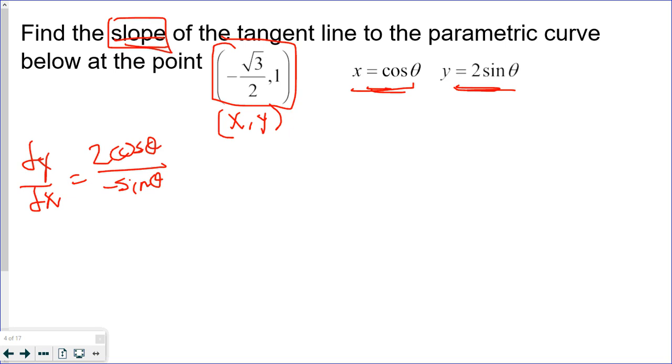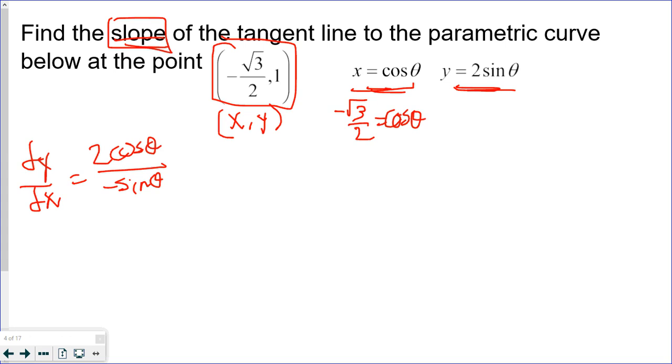I'm given x and y, so I need to figure out what theta is. Well, it's not too terrible, right? We're given x and y, and we have an x and y equation. So think about it. If x is negative square root of 3 over 2, then negative square root of 3 over 2 equals cosine of theta.